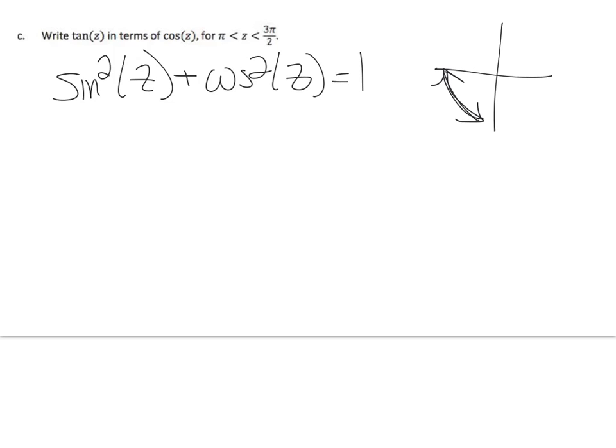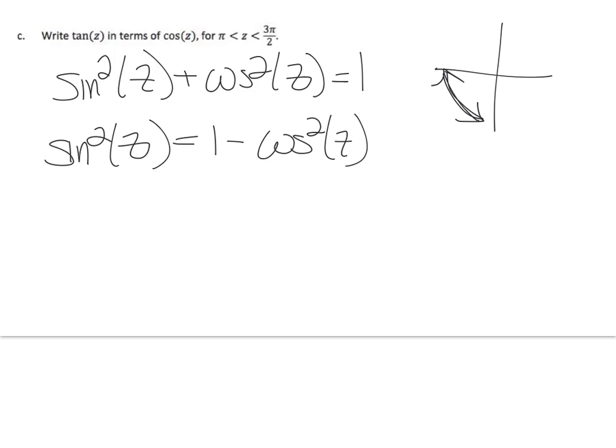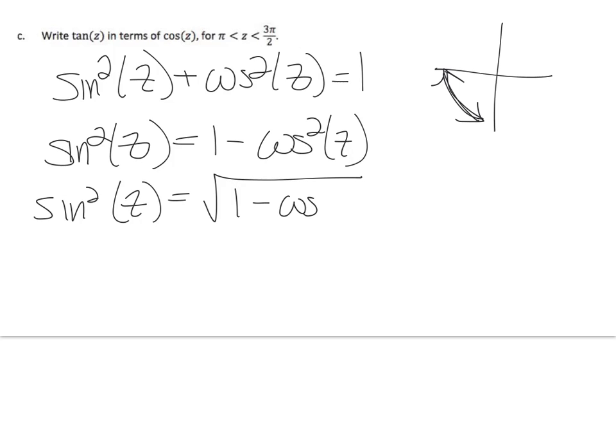Let's go ahead and solve for sine. Sine squared z is going to be 1 minus cosine squared z. Square root of both sides. Sine z equals the square root of 1 minus cosine squared z.